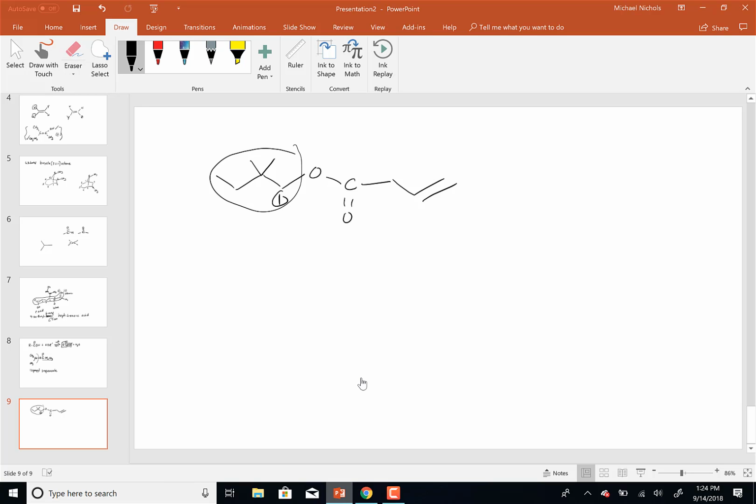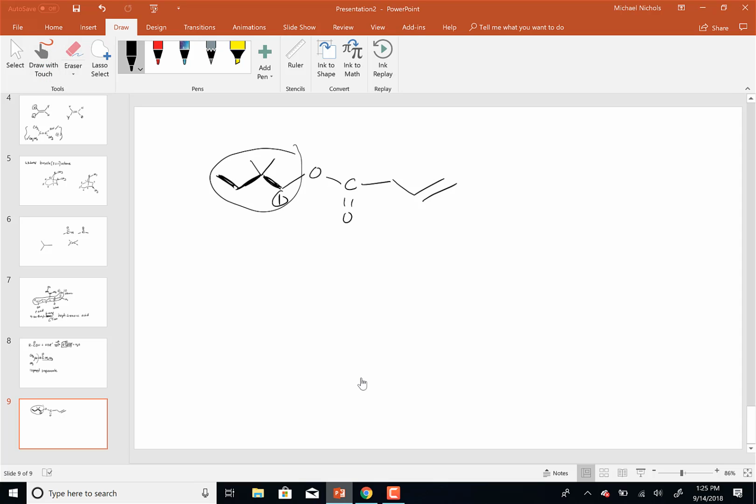Whenever we're naming an alkyl group, we're not naming an alkane, so the attachment point is automatically number 1. Now step 2 is to find the longest chain starting at number 1. So that's going to be 1, 2, 3, 4.